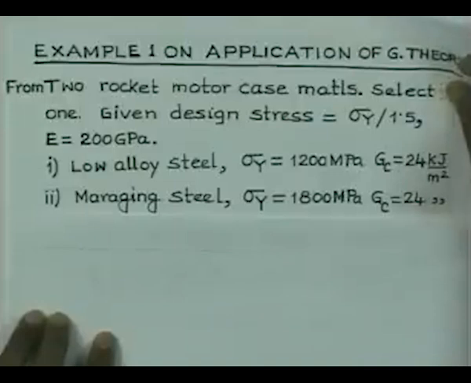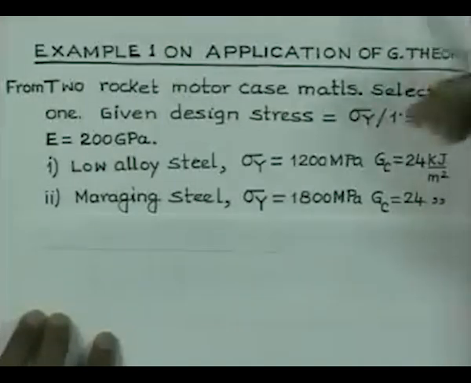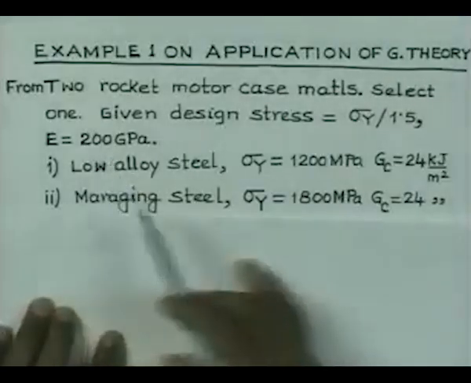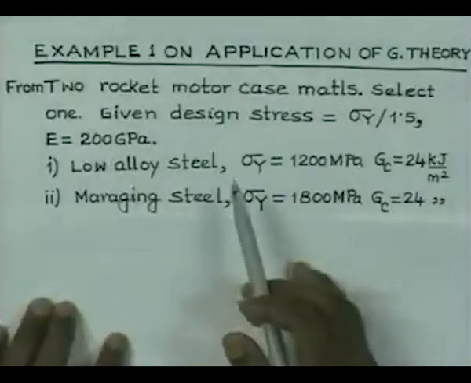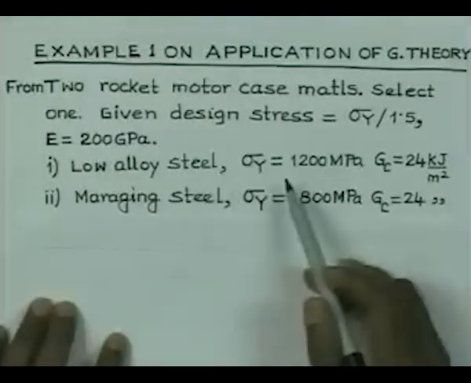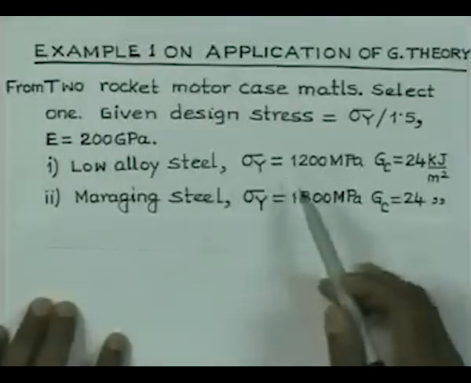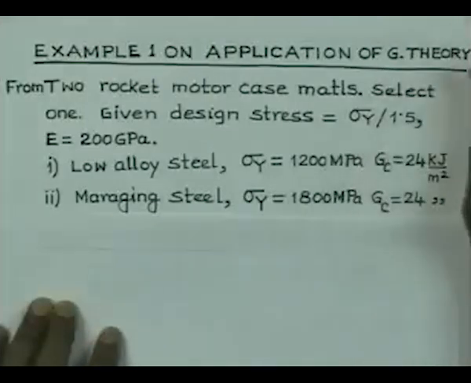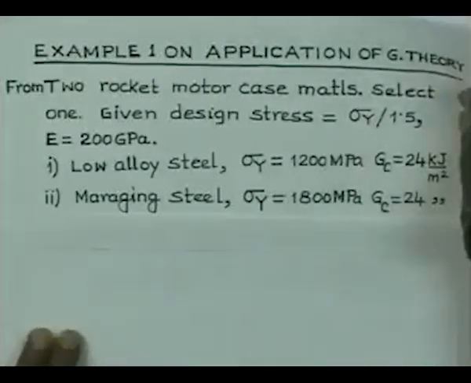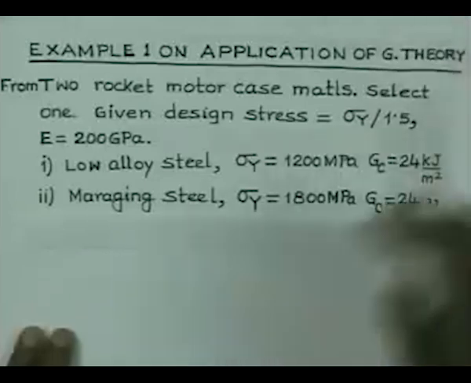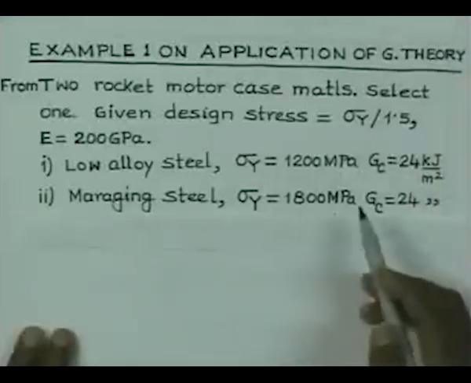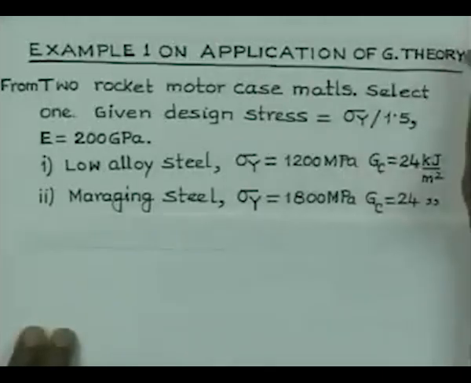We have to select one, given that design stress is sigma y by 1.5, modulus of elasticity is 200 GPa, and the materials are low alloy steel, wherein sigma y is equal to 1200 megapascal and Gc is equal to 24 kilojoule per meter square.